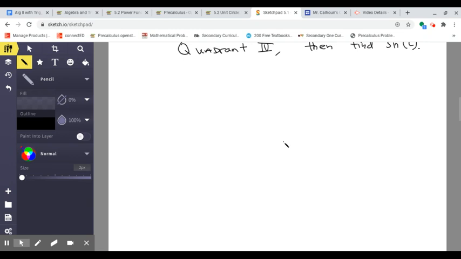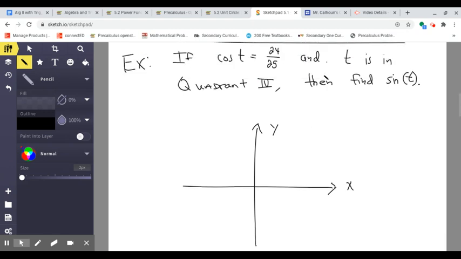Or actually, no, let's just construct the xy plane. I think maybe that's a better approach. So here's the xy plane. And we know that we have some angle t, and it's in quadrant 4.